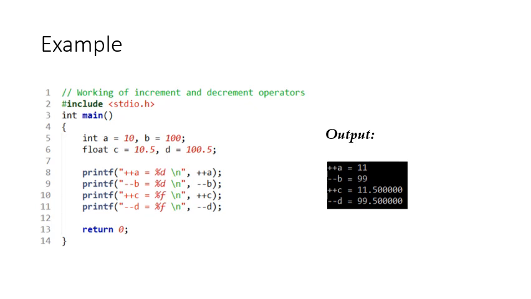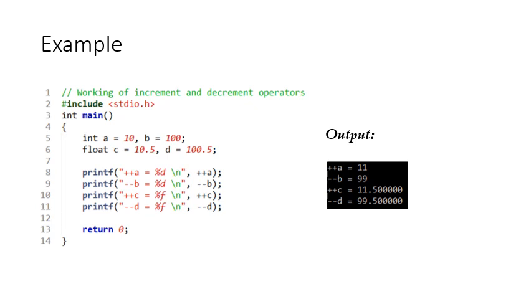Now what will be printed for line 8, the plus plus a? Yes, it is 11 because it changes the value of your operand, which is a. So now a is 11. Now, minus minus b is now 99. We are subtracting 1.